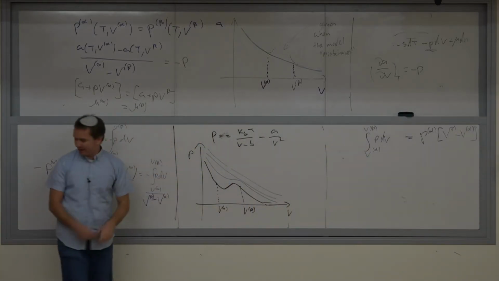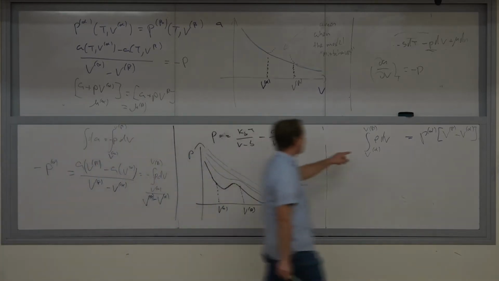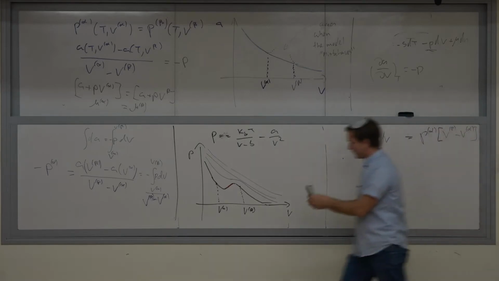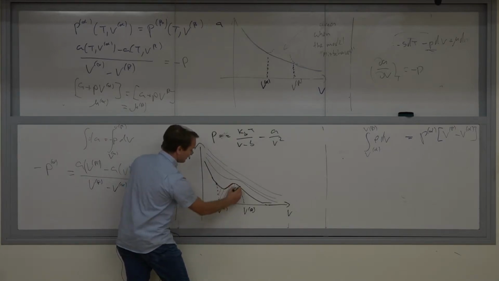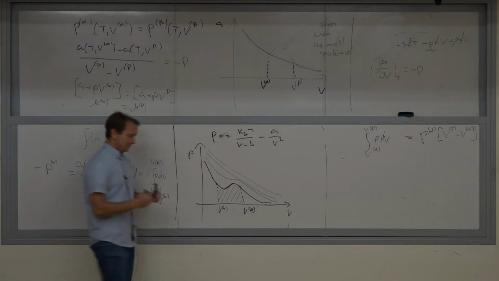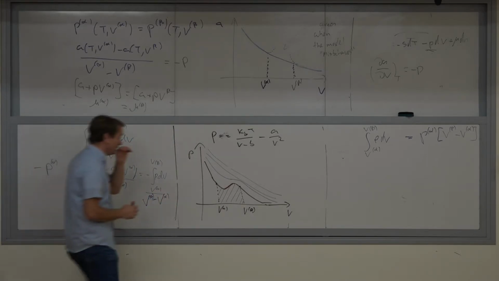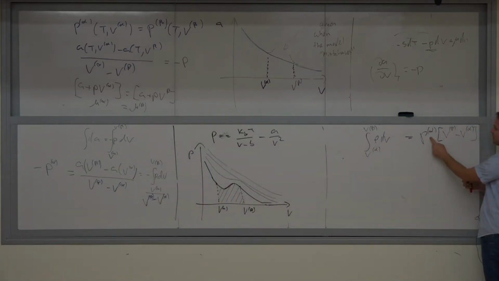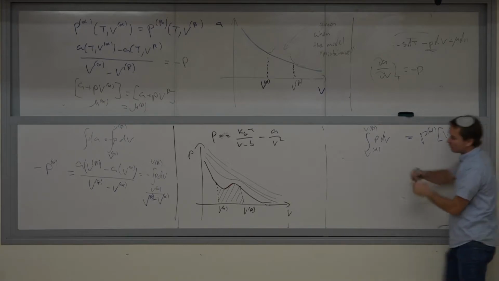Why? Because we are saying the integral from V alpha to V beta of P dV is basically this area over here. But from the other side, it should be equal to P alpha multiplied by V beta minus V alpha. This is also an area, but an area of what function?